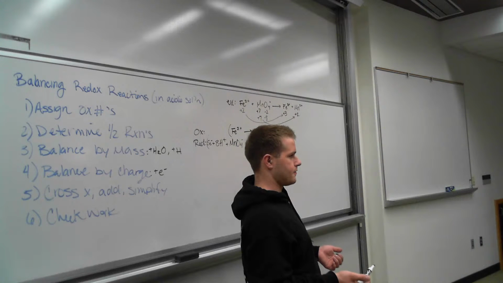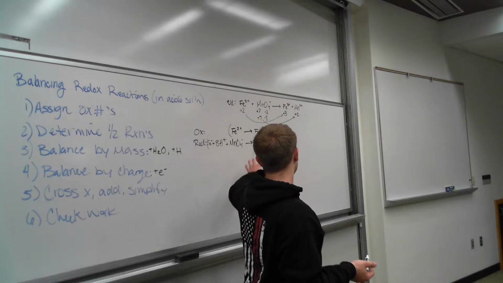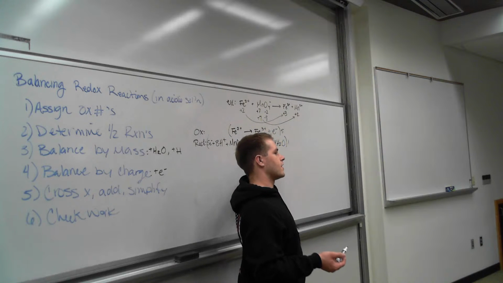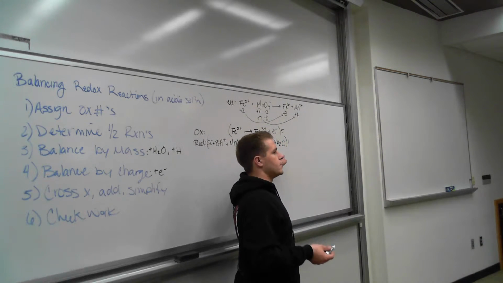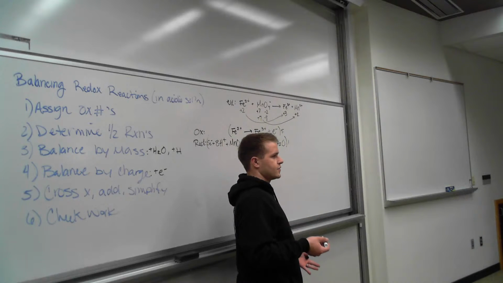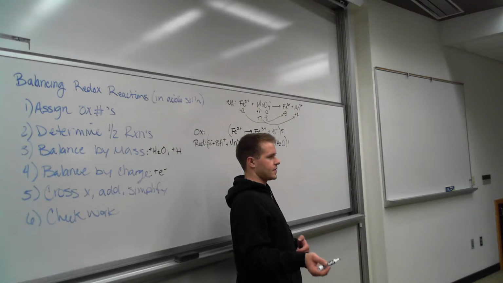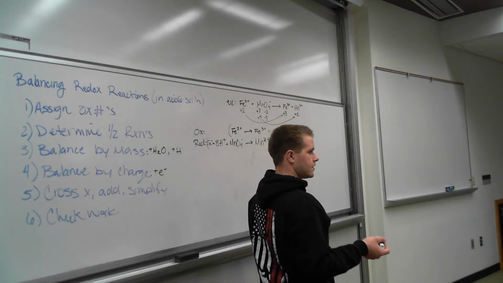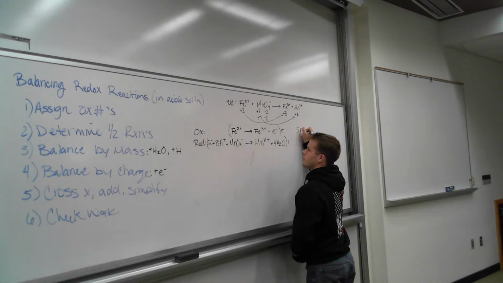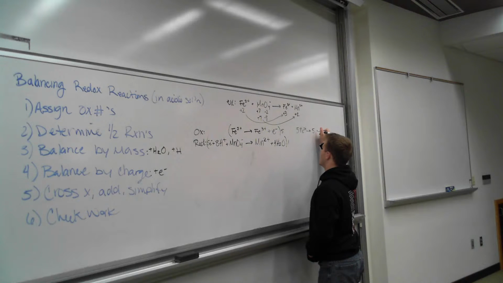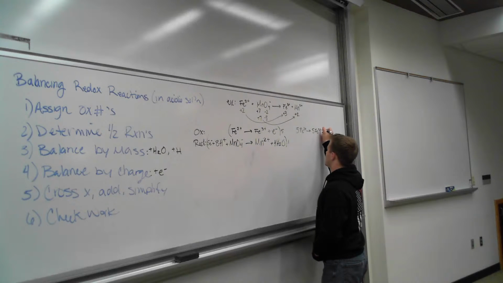If this was 2 and this was 5, we multiply by 5 and multiply the other by 2 so that we yield 10 both ways, 5 times 2 and 2 times 5. Does that make sense? So we're going to get 5 Fe2+ becomes 5 Fe3+ plus 5 electrons.